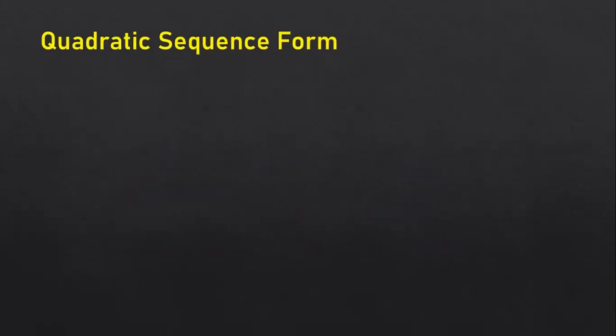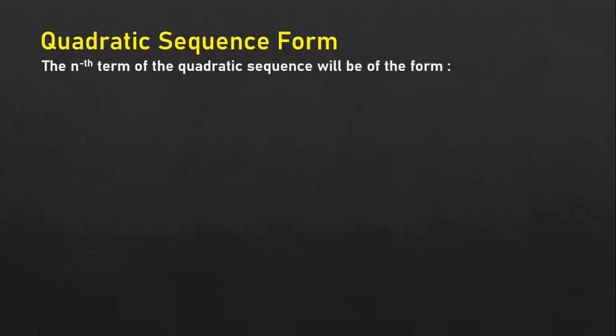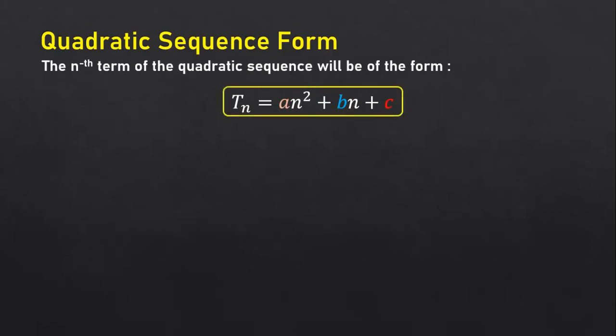Okay. Next, quadratic sequence form. The nth term of the quadratic sequence will be of the form Tn equals an squared plus bn plus c.